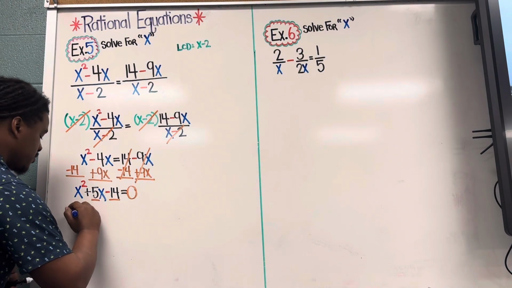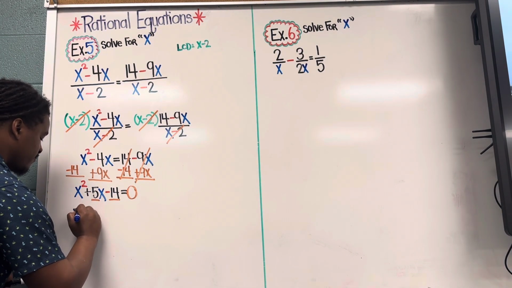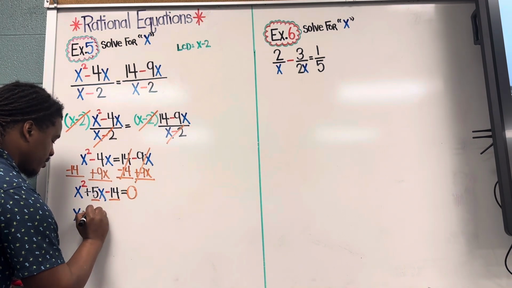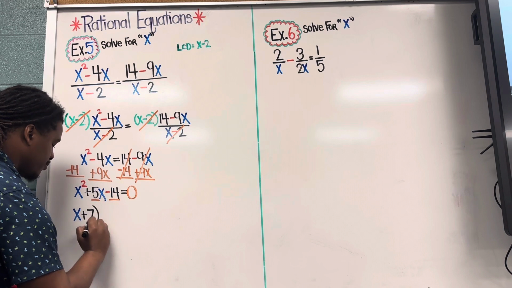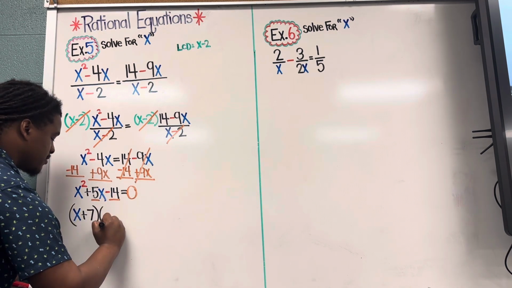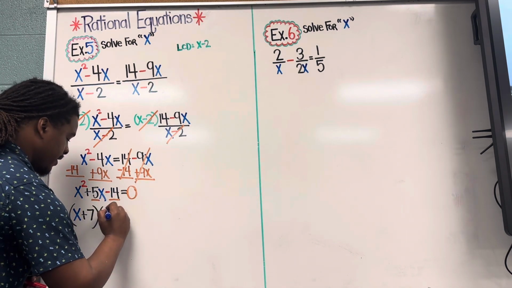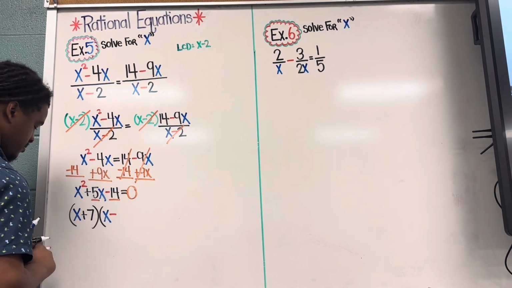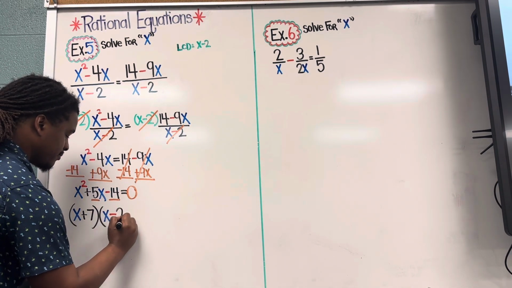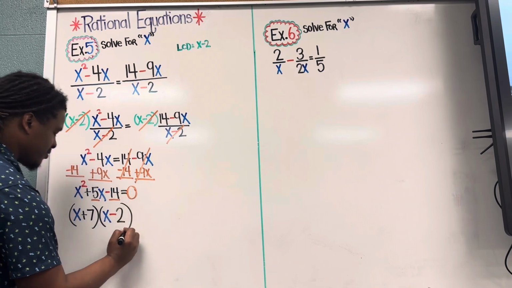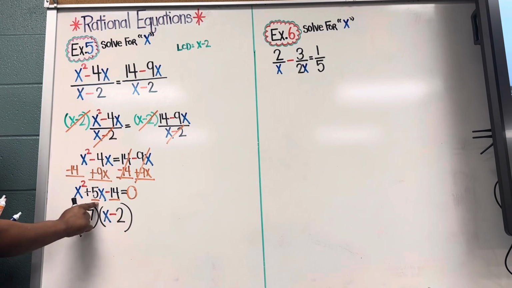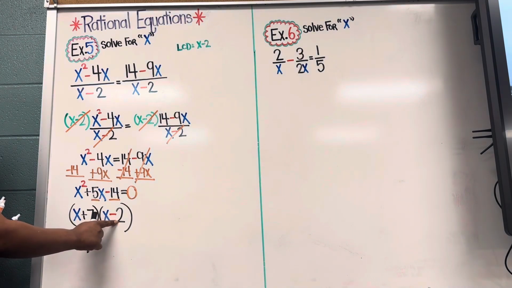So those are gonna be the two numbers. So I'm gonna have x plus 7, parentheses, times parentheses x minus 2.